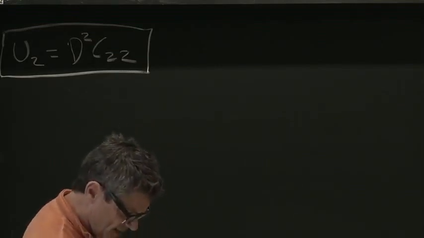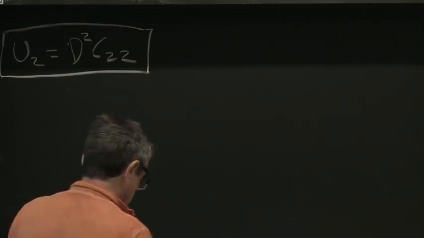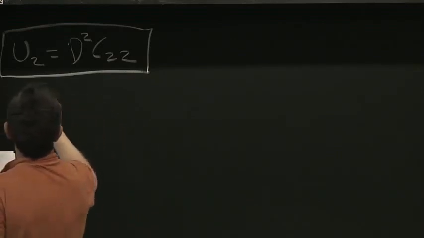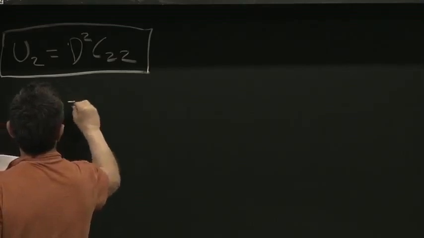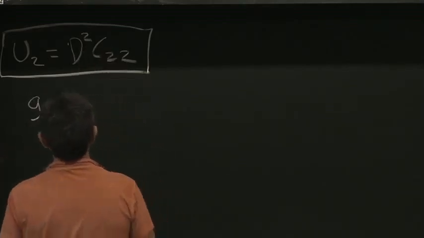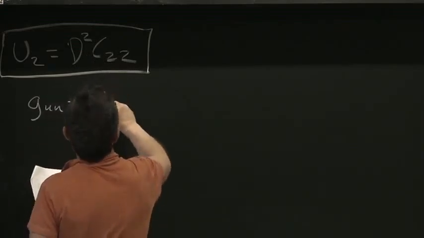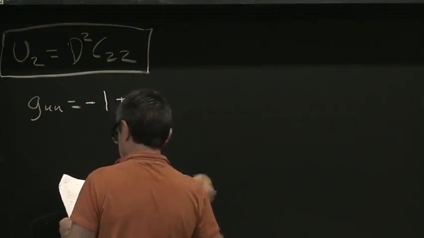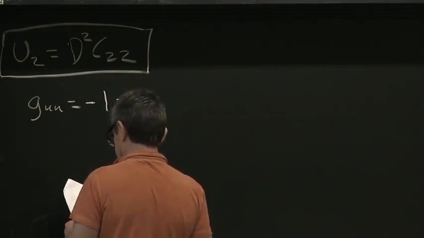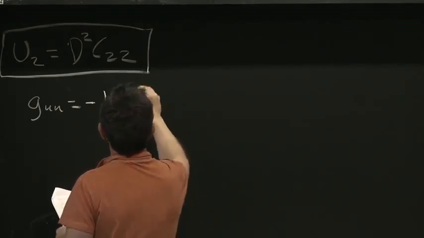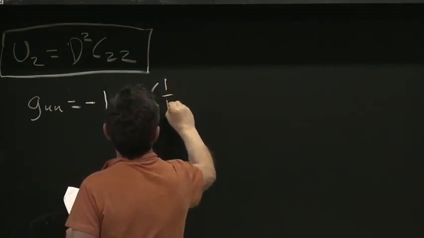So then, in addition, asymptotic flatness is that g_uu is equal to, in the general statement of it, which has many variations, but this is the basic idea in different treatments in the literature, g_uu is minus 1 plus order 1 over r.